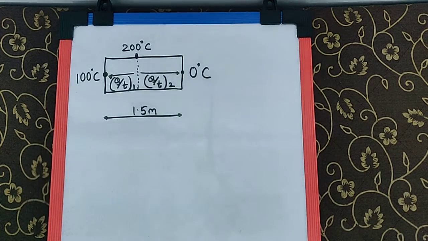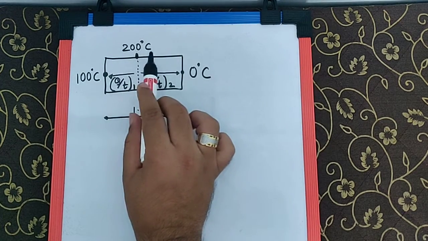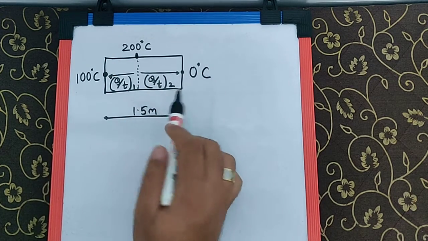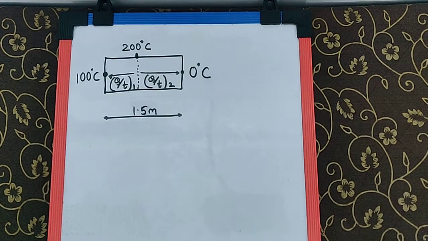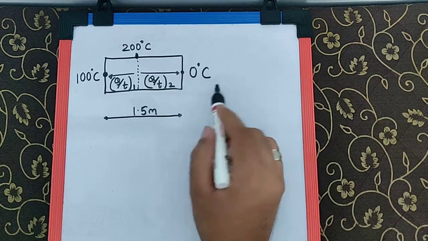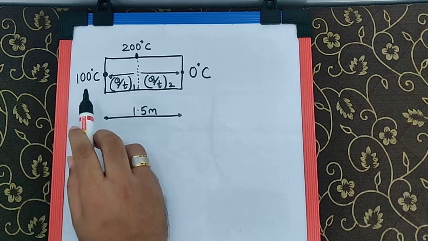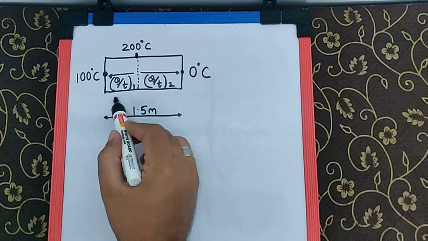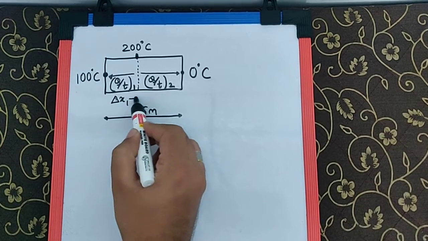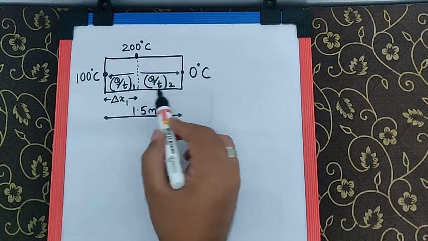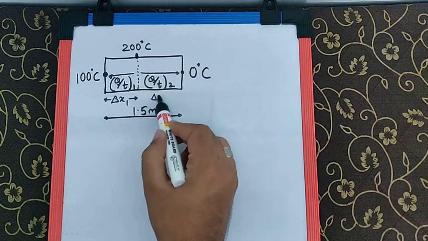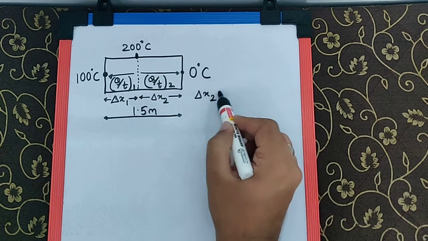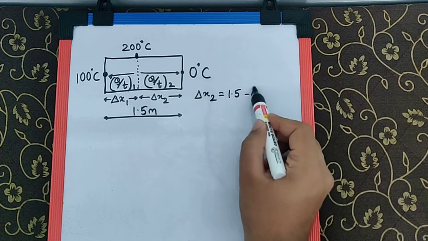But they want the distance of this 200 degrees Celsius point from one of the two ends such that the amount of ice melting at this end is equal to the amount of steam produced at this end. So here if we assume the length to be delta x1, I can say the delta x2 over here is this, and that is equal to 1.5 minus delta x1.